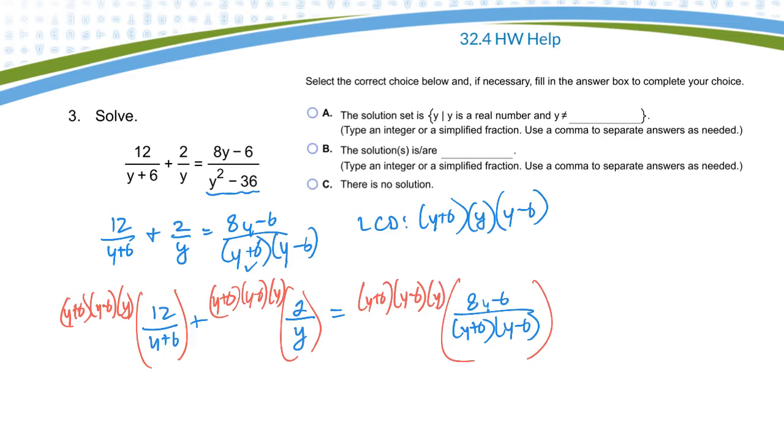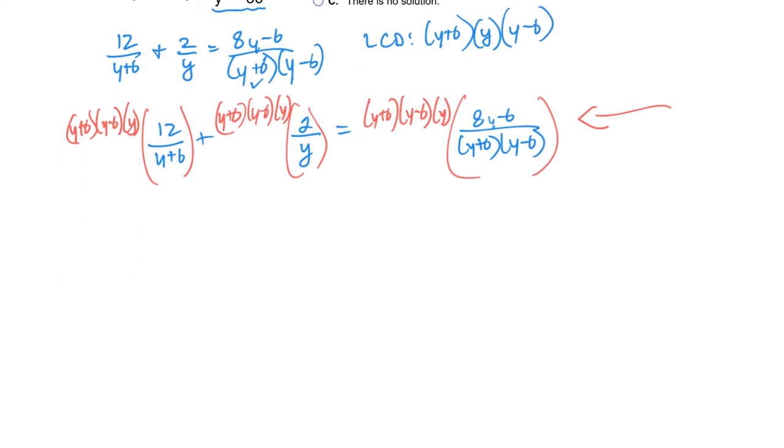Okay, now we get to cancel. So this step here is the ugly step, but after that step, then I don't have any fractions. Then I just can simplify what I've got. Okay, so in the first one, y plus 6 cancels. So I'm left with a 12, a y, and a y minus 6. In the next one, the y's cancel.